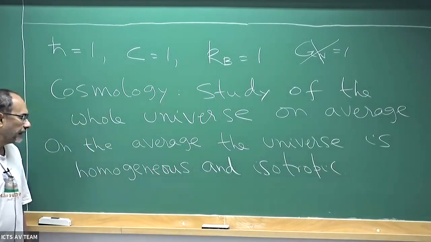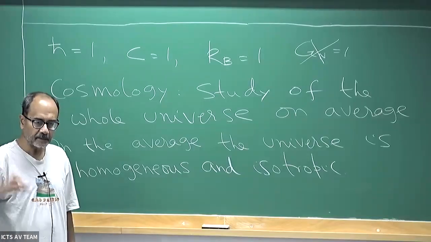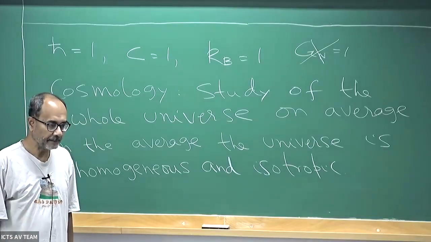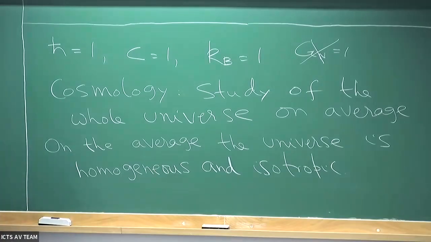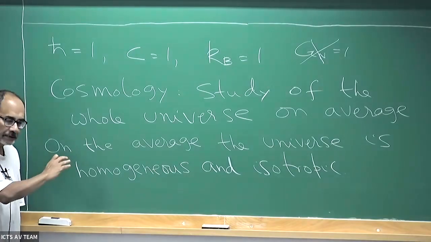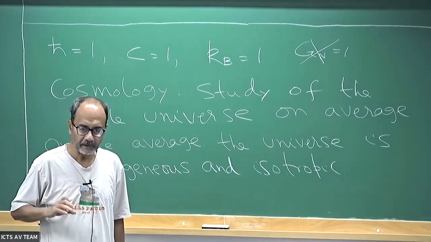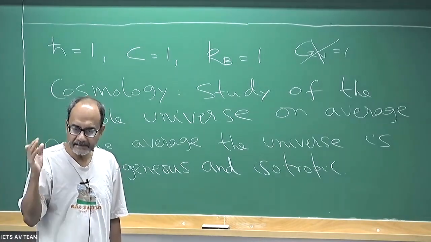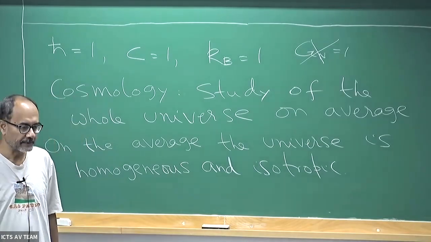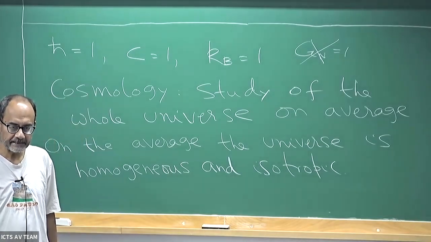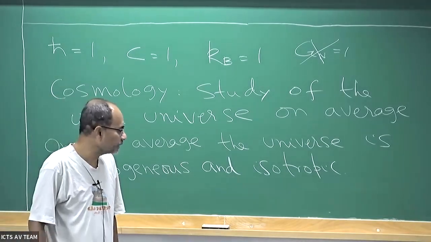Which roughly means that if you go to different regions of the universe, they look the same. That's the meaning of homogeneity. And isotropy means that if you are at a given position in the universe, and you look in all different directions, the different directions look the same.